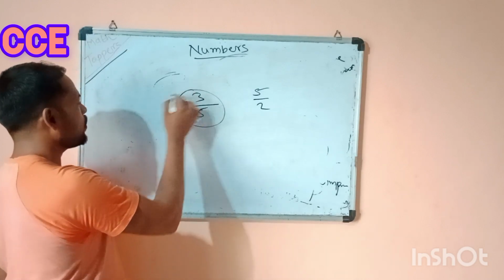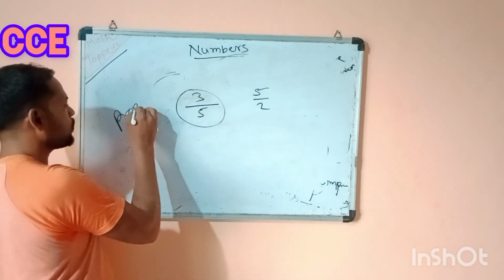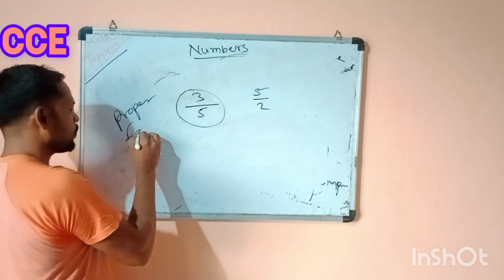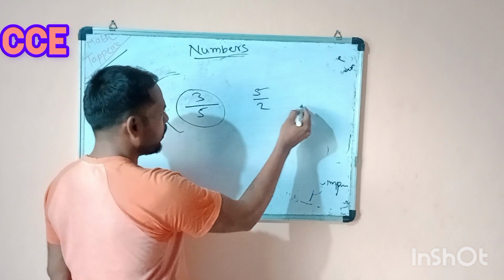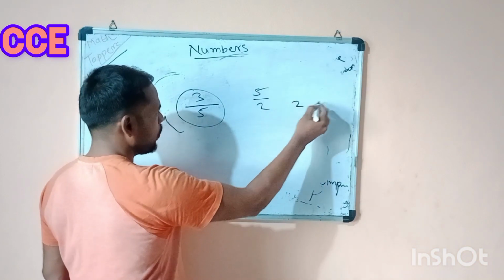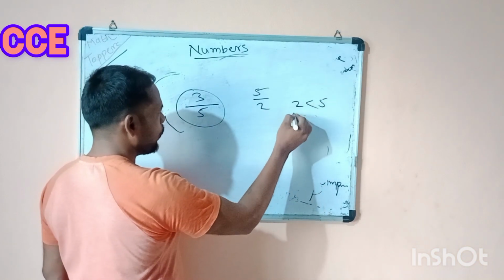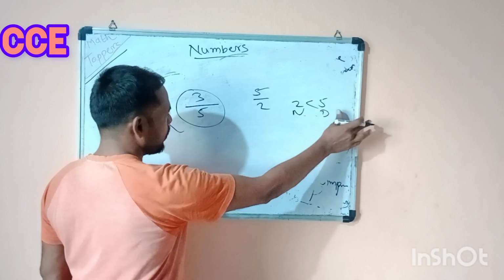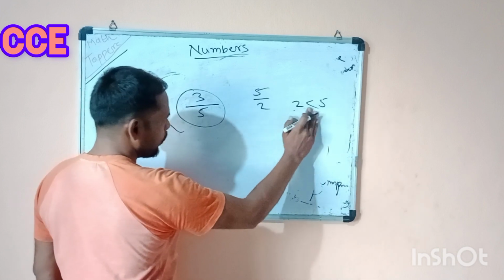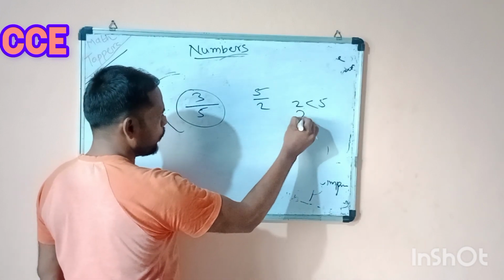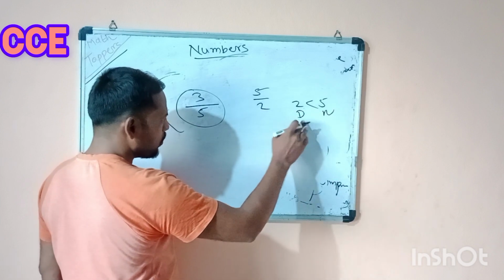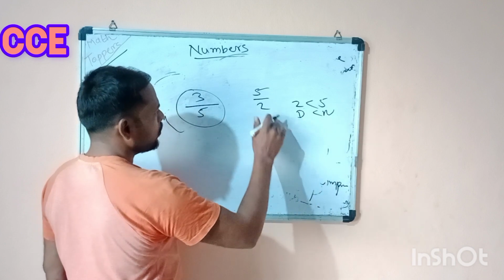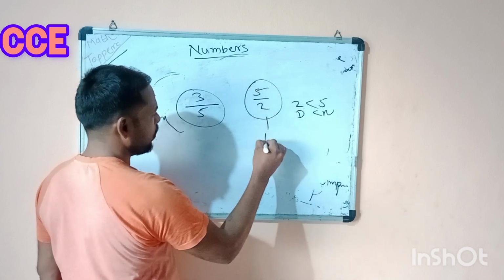That fraction is a proper fraction. In 5 upon 2, the numerator is greater than the denominator. The denominator is less than the numerator, so this fraction is an improper fraction.